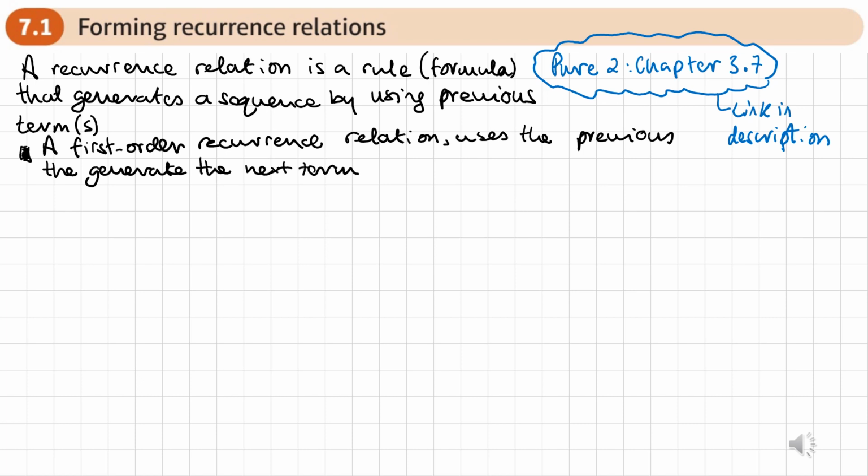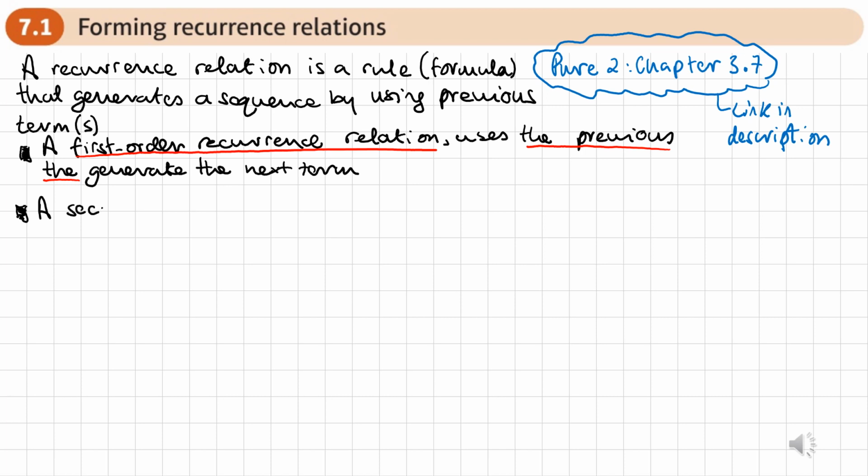So we only need just one previous term to generate the next term, and it's called a first order recurrence relation. If we use the last two terms to get the next term, so a bit like the Fibonacci sequence, you use the last two numbers to get the next number in the sequence. That's what we call a second order recurrence relation.